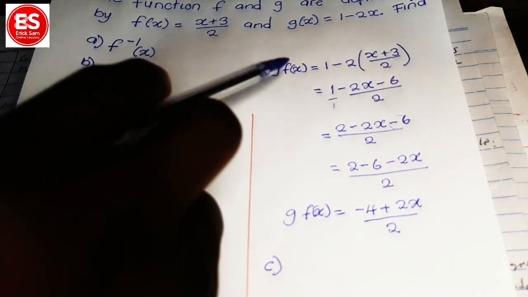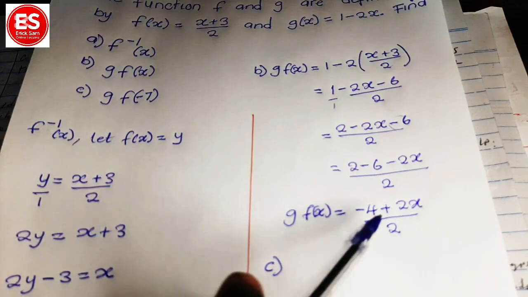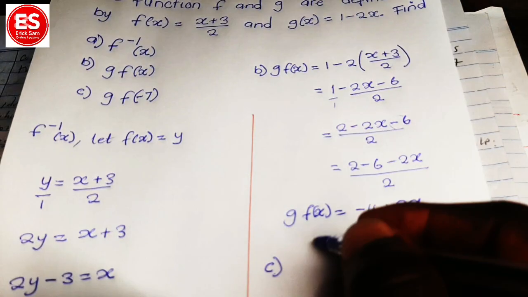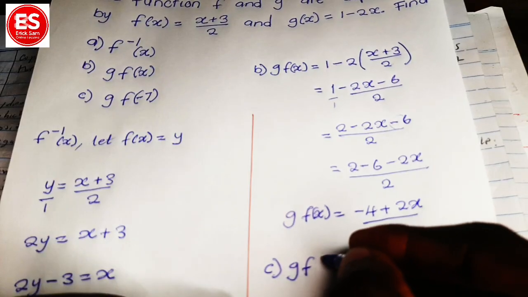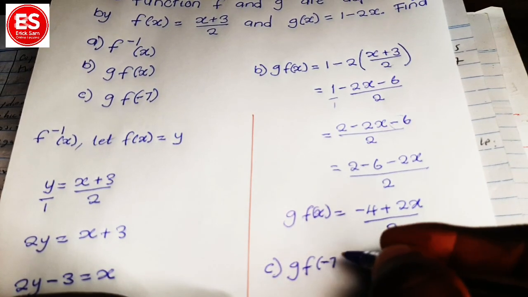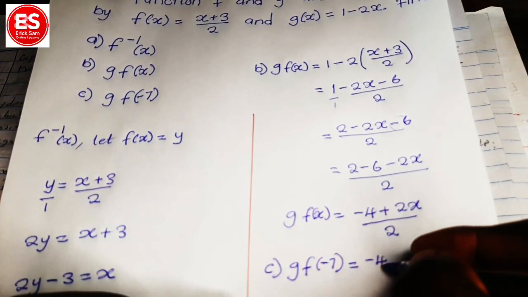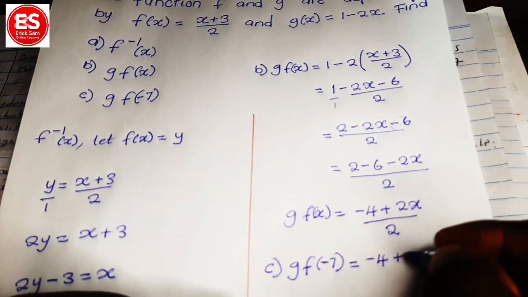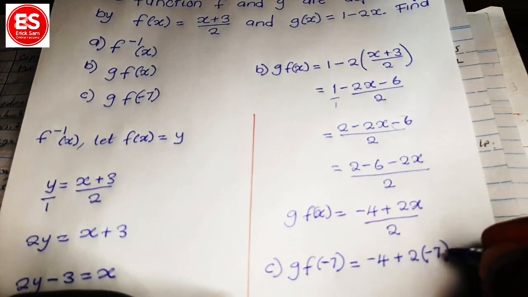So the same function that we've used, now we are going to substitute negative 7 where there is x. So we're going to say g f of negative 7 is equal to negative 4 plus 2 times negative 7, right?